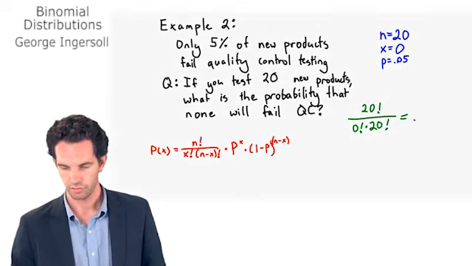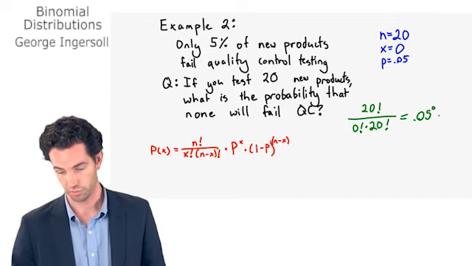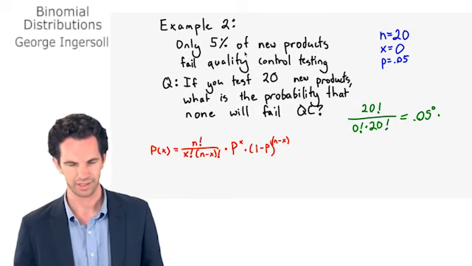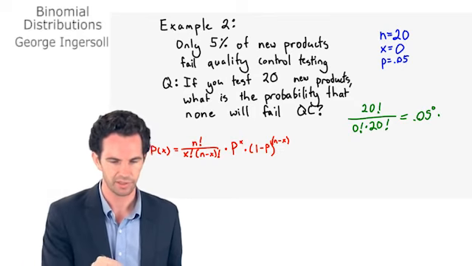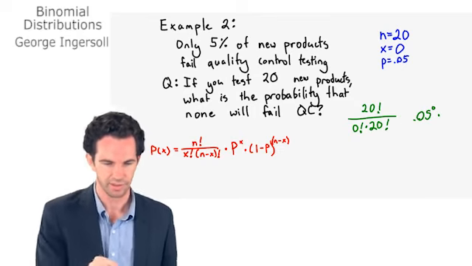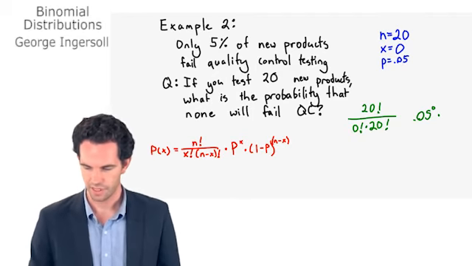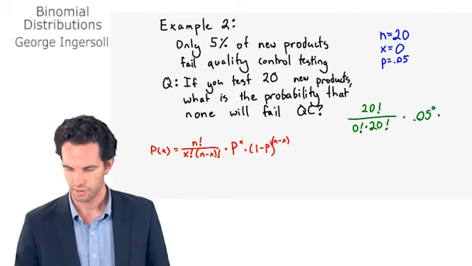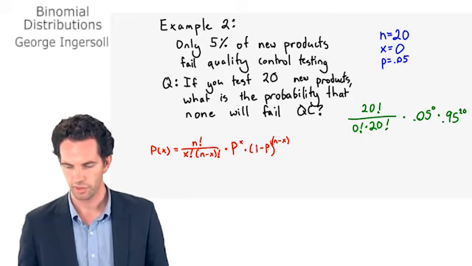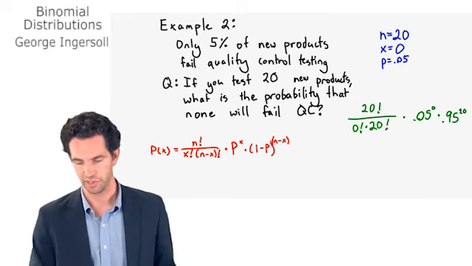0.05 to the 0th power, also known as 1 again. Wait, why did I say equals? Not what I wanted. Times 0.95, that's 1 minus p, to the 20th power. All of this simplifies really easy.